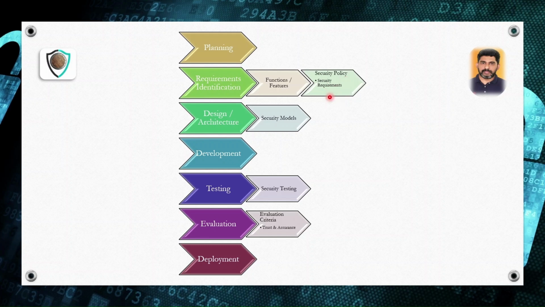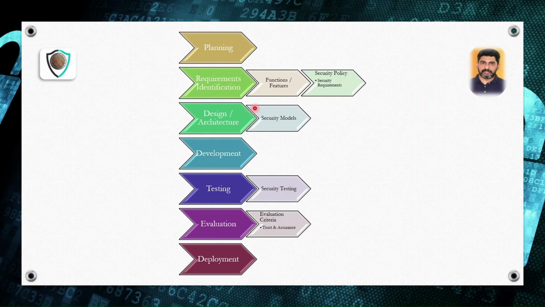Once we have identified the security requirements or security goals, to achieve them we need to choose appropriate security models. This we will choose during the design or architecture phase. If confidentiality is one requirement, we have security models for that.